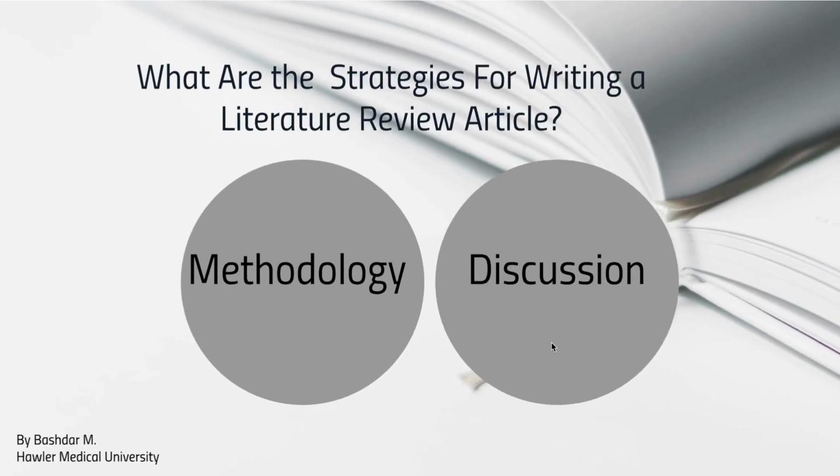Now, the second part, which is called discussion. Discussion is an important one. Now, what are the strategies or main ways to write a discussion in your literature review articles? Firstly, what's a discussion section?